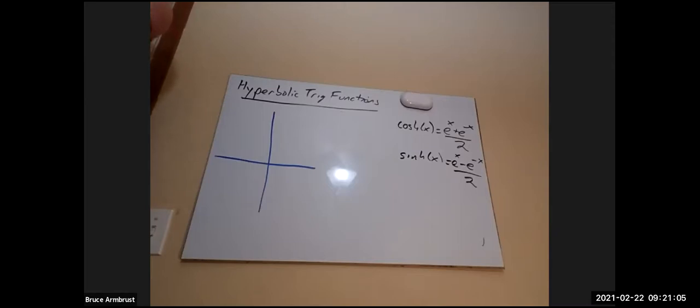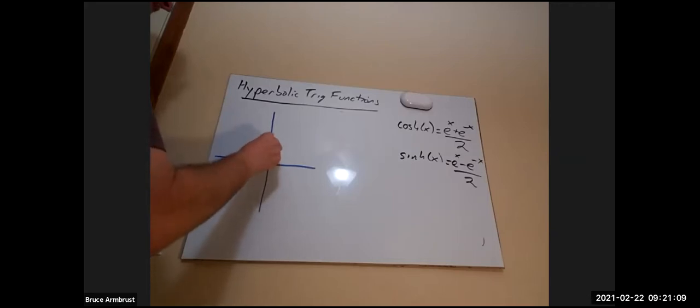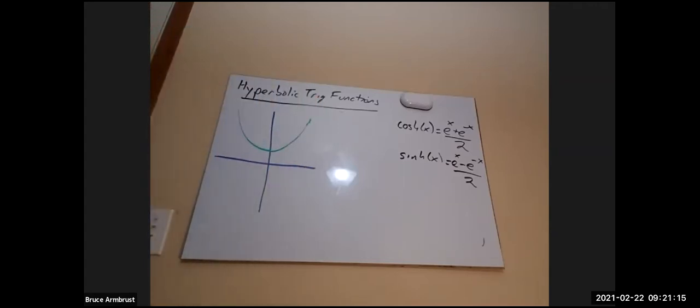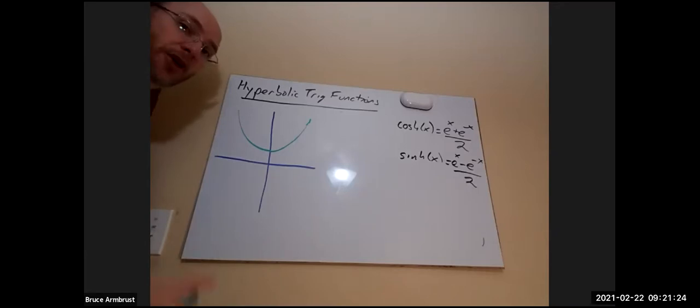So what cosh looks like, it looks something like this. It is not a parabola. It is not a hyperbola. It's its own thing.